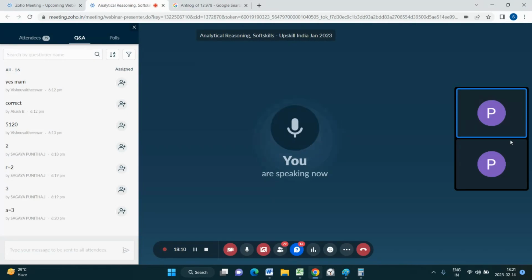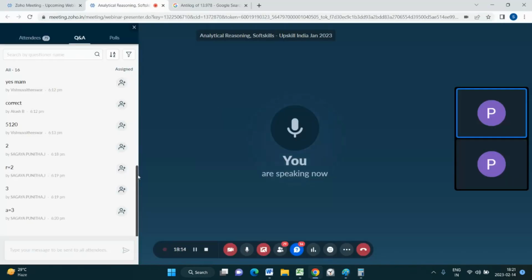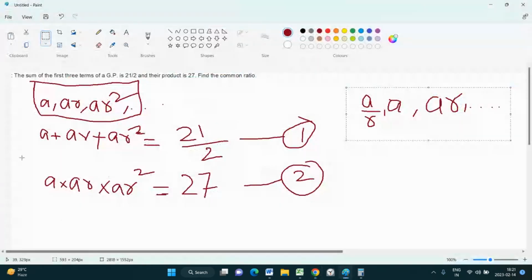Now you remember how we did? Yes or no? This problem we did yesterday. You remember or not? Okay, somebody says remember. Others forgot. How we took is, we did not take A plus AR square. We took it as A by R, A and AR.